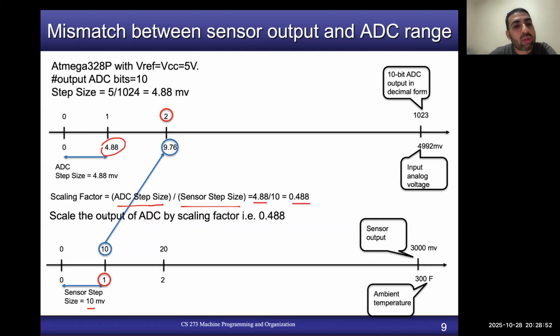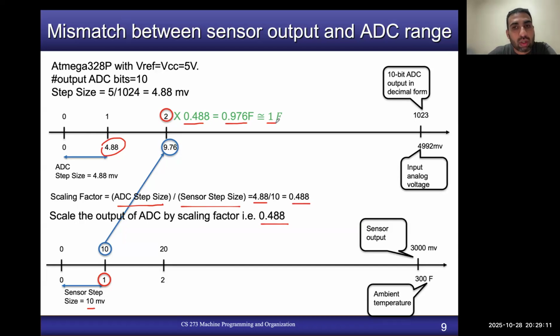So now we need to scale the output of the ADC by the scaling factor, that is 0.488, right? Which means we simply multiply this digital output with the scaling factor. So when you multiply, you will get 0.976 Fahrenheit, which is almost equal to 1 Fahrenheit.